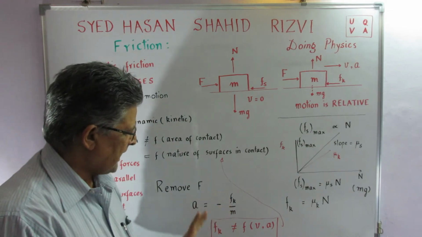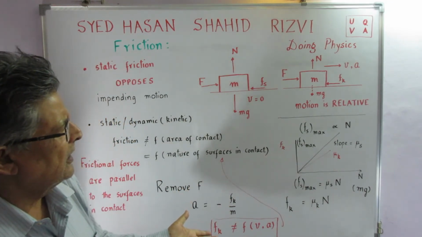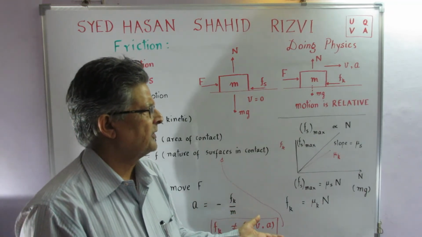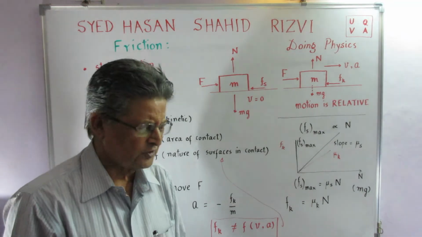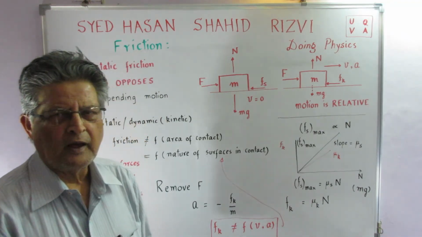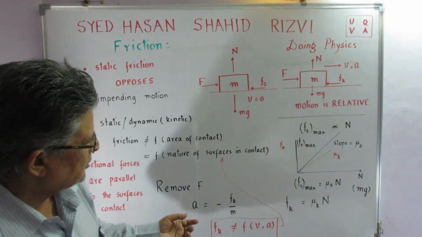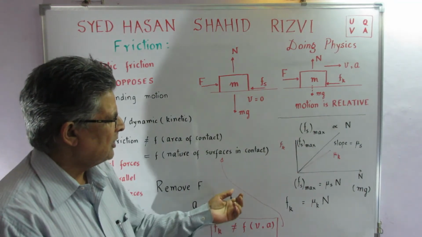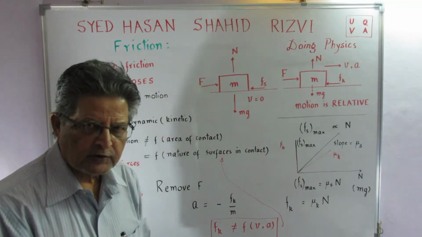So Fk upon m, now we can apply the relations of motion that we obtained in kinematics: v is equal to u plus at, s is equal to ut plus half at square, and v square is equal to u square plus 2as, etc., to determine how long it will take to stop and how far it will take to stop.